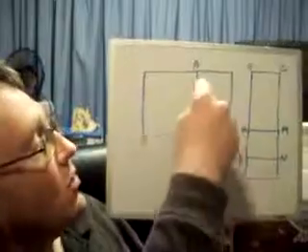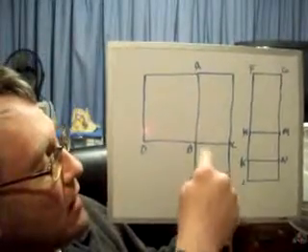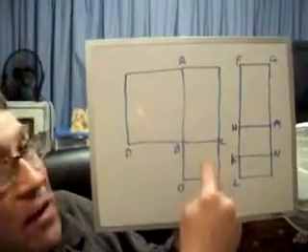And as AB is to BO, so is AC to CO. So as this line is to this line, so is this area to this area. That's what he's saying.